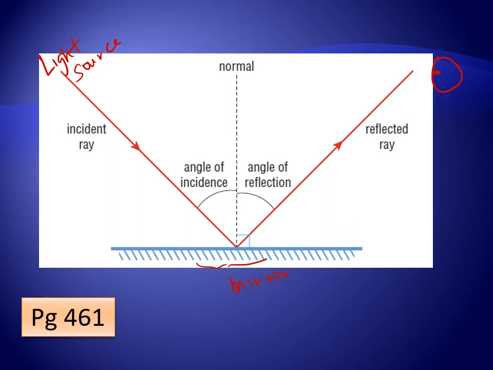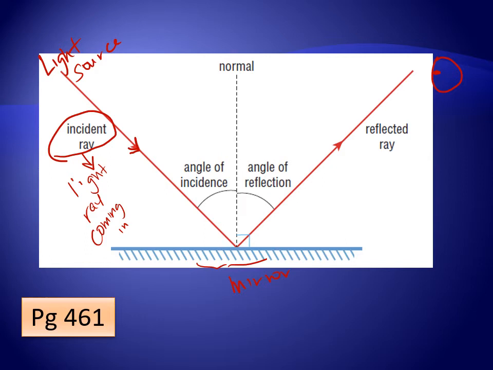Okay, so the light ray that comes in is called the incident ray. So you need to be very familiar with this terminology. So the light ray coming in is called the incident ray. The arrowhead for the incident ray is always pointed towards the mirror because that light ray is coming towards the mirror.